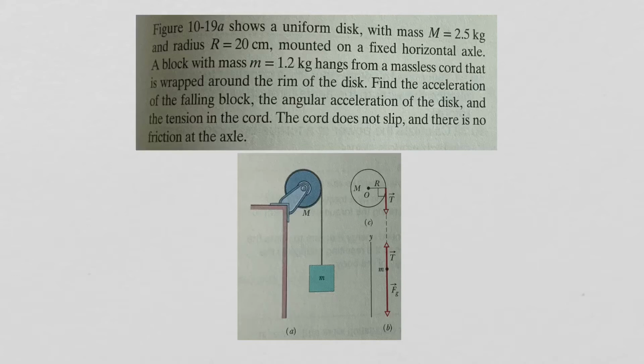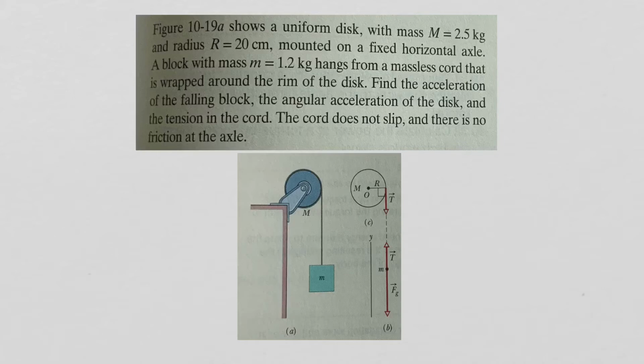So we have the block here, the force of gravity pulls it down, then there is tension in the rope that pulls up, and then on the side of the disk there is tension in the rope right here, and we will have to think about how we use that to solve the problem at hand.